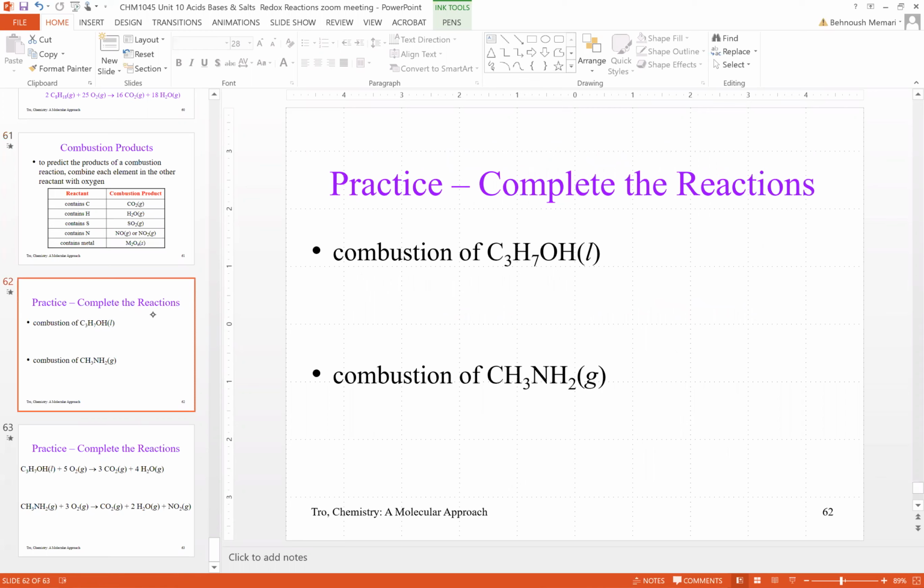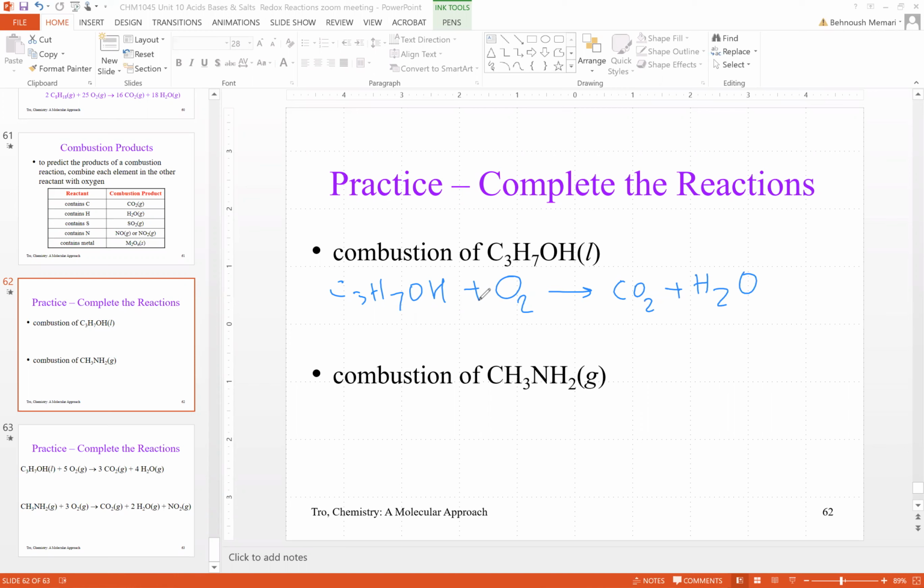Okay, this is an example of a combustion reaction. We have the combustion of C3H7OH. When it says combustion, it's going to be combining with O2, and carbon with O2 is going to give CO2, plus hydrogen is going to give H2O.